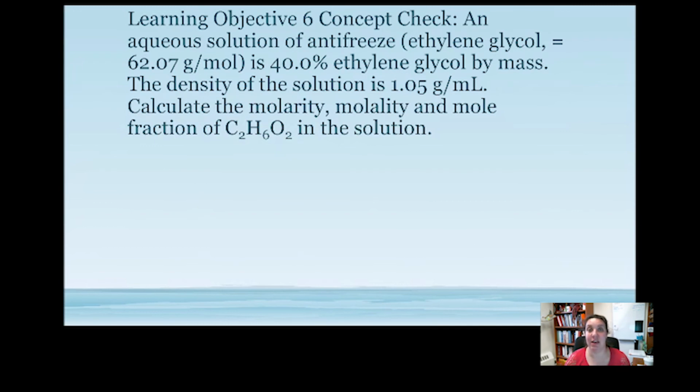Okay, let's see if we can kind of cross different concentration units. We have an aqueous solution of antifreeze, which is ethylene glycol, in water. It's 40% mass percent, and we have a density of 1.05 grams per milliliter. We want to use this information to calculate our molarity, molality, mole fraction. Okay? So, we're starting out with a concentration, 40.0%.